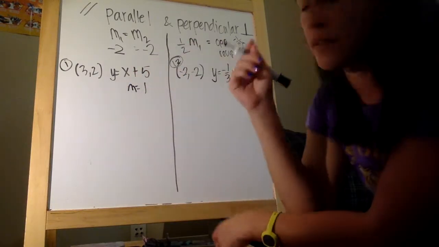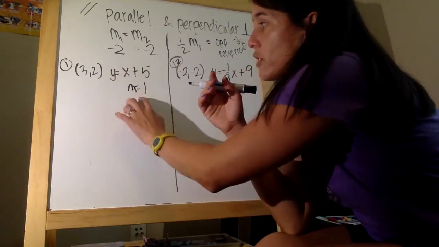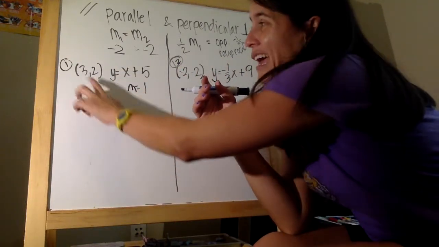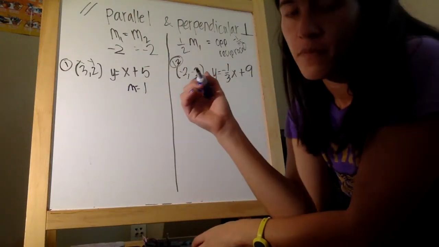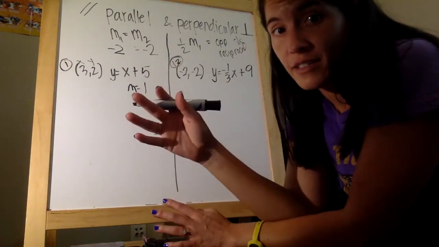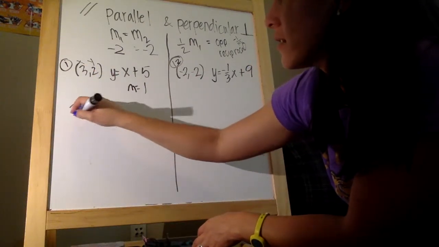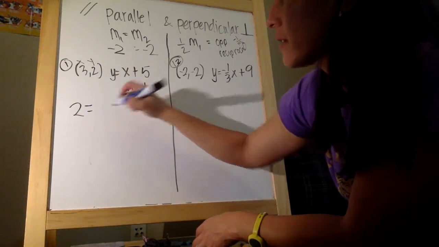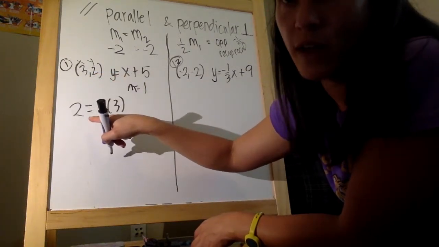This slope is 1, so we use the same slope. And we're going to use this point, this is an x, and this is a y. We're going to plug all that in to find our new intercept. So y equals mx plus b.